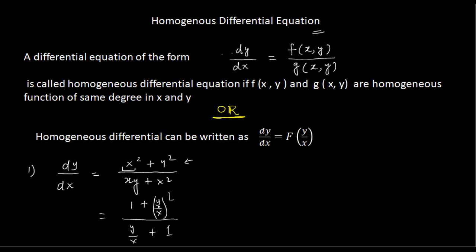We get this expression once we divide the numerator and denominator separately by x squared. And we can see this is a function of y over x only. So we can rewrite this as some function of y over x. Now we will learn how we solve a homogeneous differential equation.